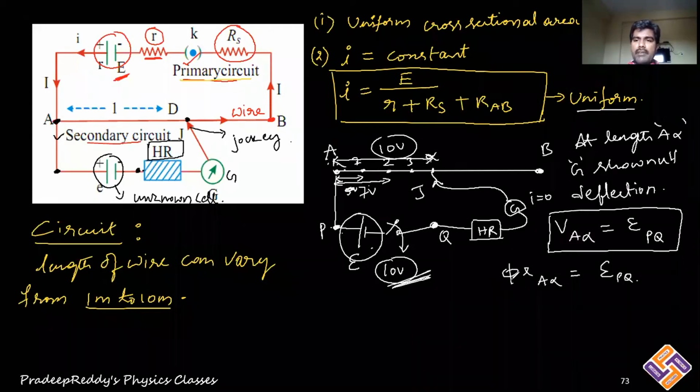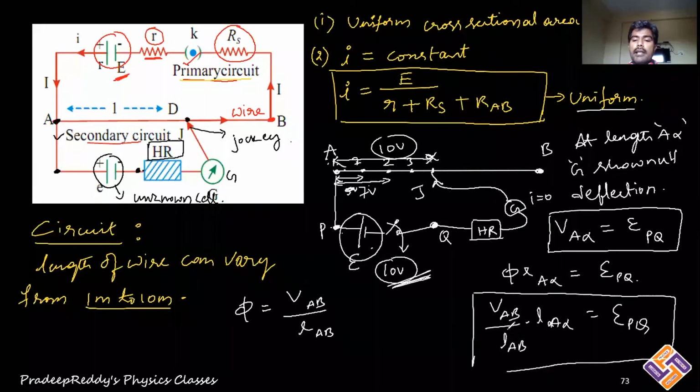Pi is equal to the total voltage dropped over AB, that is E, or you can write pi is equal to the voltage dropped across length AB divided by its length L. Total length is length AB. Now substitute pi here: VAB divided by LAB into LA alpha is equal to EPQ.